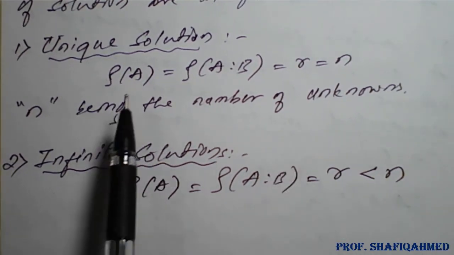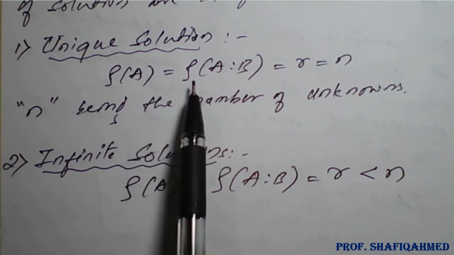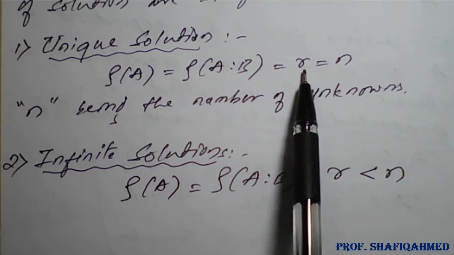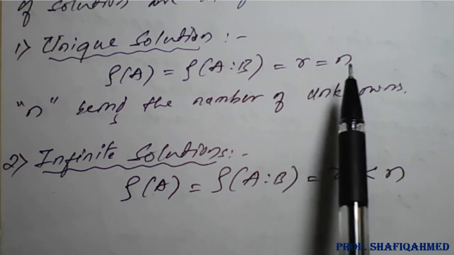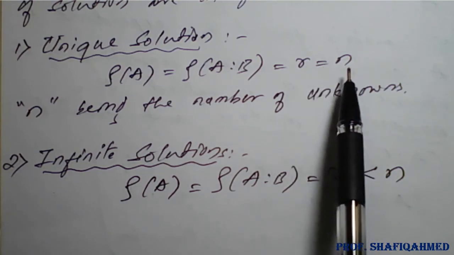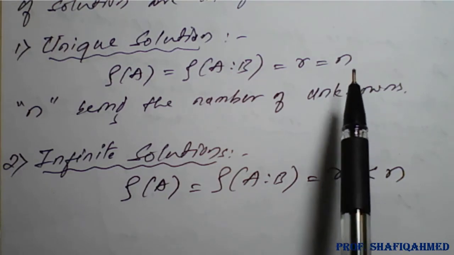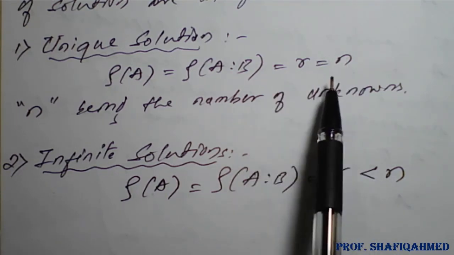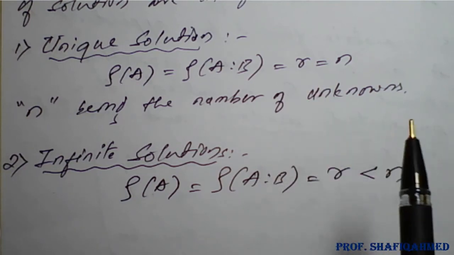When it is a unique solution, rank of A and rank of augmented matrix AB is R, and the number of unknowns is that the equation is made up of x, y, z, suppose. Then x, y, z means three variables.